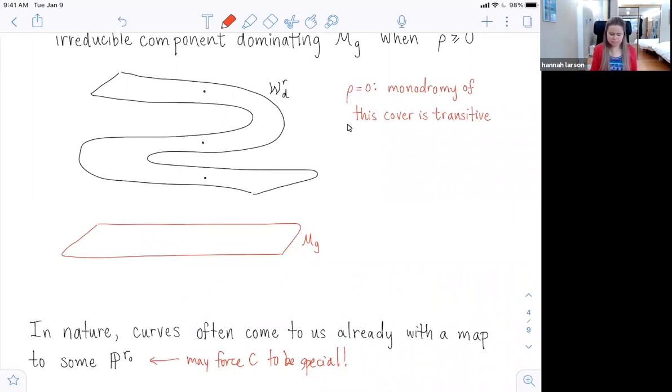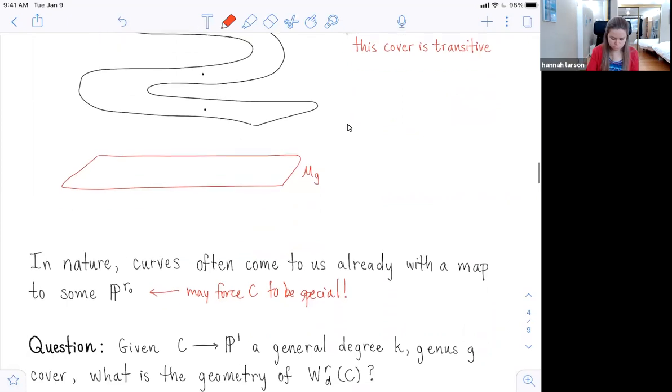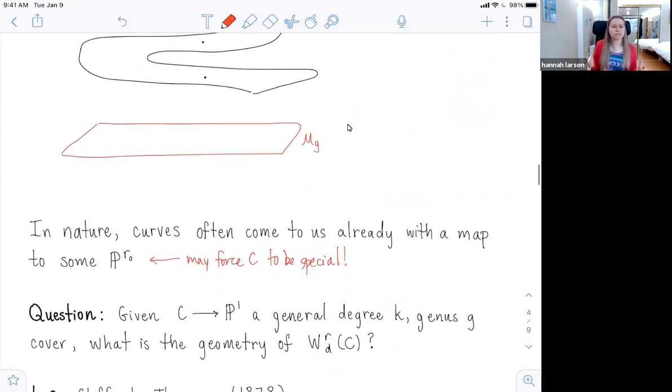The simplest case of this is when R_0 is 1, which is to say we have a curve of fixed gonality. So let's now ask, if I have a general, let's say degree k, genus g cover, C to P^1, what can we say about the geometry of W^R_D?